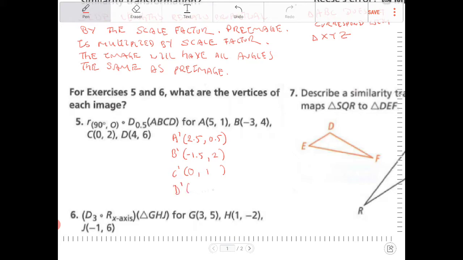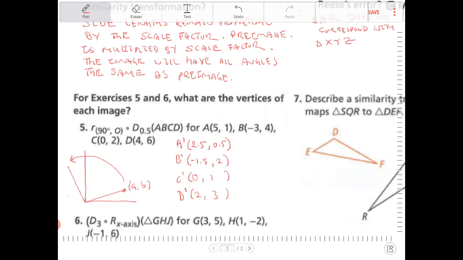And D prime will end up being 2, 3. Then we're going to rotate over 90 degrees. If you recall, when we're rotating something 90 degrees over the origin, let's say this is (a, b), 90 degrees would end up over here, which means the coordinates are going to be (negative b, a).